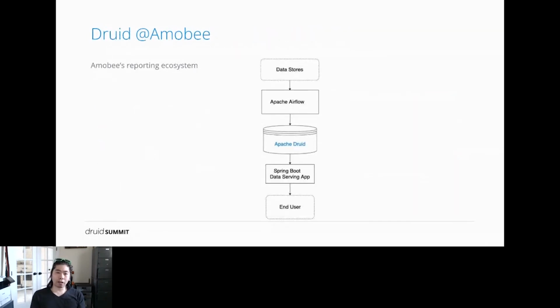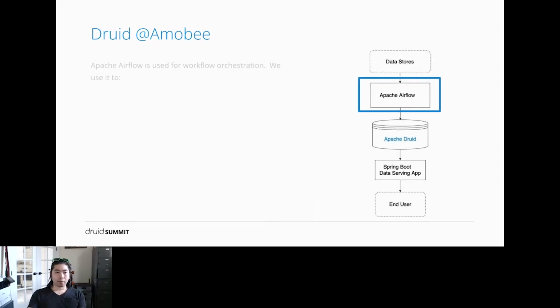Now I'm going to talk about the reporting ecosystem that we use and how Druid fits into this entire tech stack. At the beginning of our tech stack, we use Apache Airflow for our workflow orchestration. We have predefined schedules for when we pull certain data from the data store and ingest into Druid.